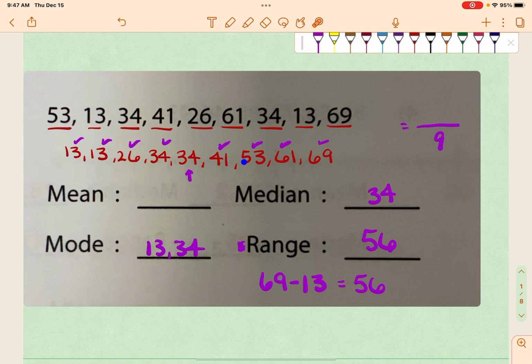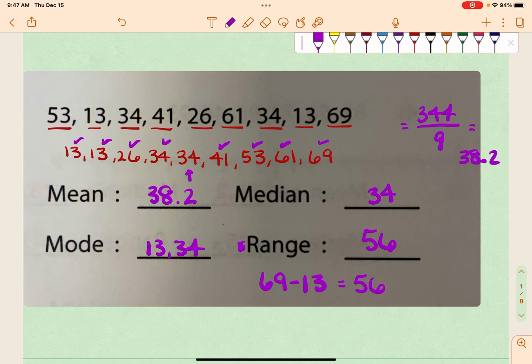If I total all of those, I get 344. If I divide that by 9, it doesn't come out exactly evenly, but I can round it to 38.2. Guess it would help if I had enough room, huh? It would be 38.2. So that's going to be my mean. And again, sometimes the mean is a whole number, sometimes it's a decimal. It just depends on what's going on.